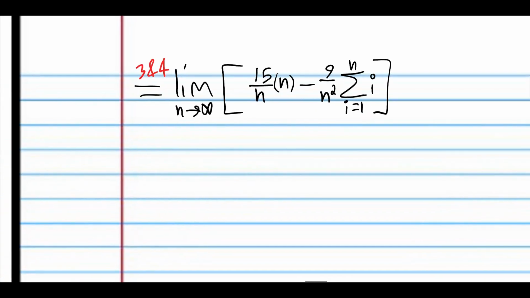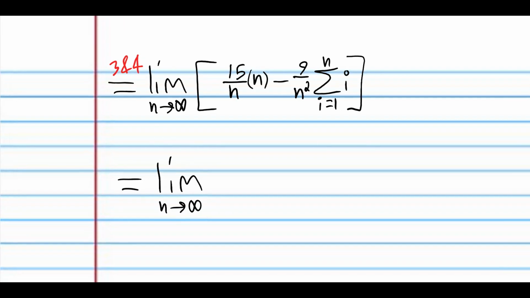So we're almost done. I know that this is a lot to have to take in. So now 15 over n times n, well, that's just 15. The n's just cancel out. And here, well, we have a special formula for that.